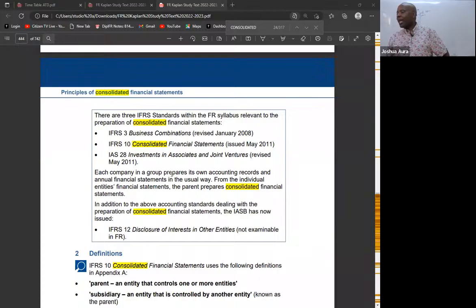Each company in a group prepares its own accounting records and annual financial statements in the usual way. From the individual entity financial statements, the parent shall be required to prepare consolidated financial statements. In addition, the International Accounting Standards Board, the IASB, has now issued IFRS 12, Disclosure of Interests in Other Entities.